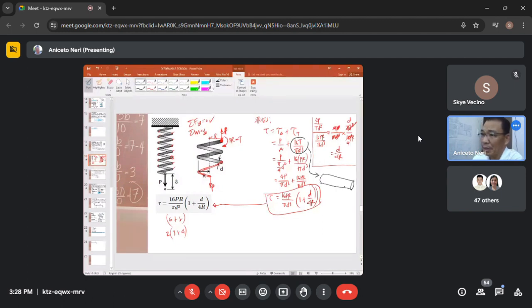Straight shaft man eh. Karon ato siyang gigamit aning helical spring which is curved. Curved man eh. So na difference. Formula sa straight gigamit nimo sa curve. So na problema diya.